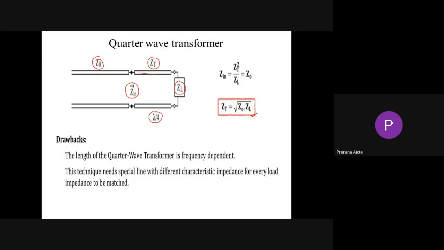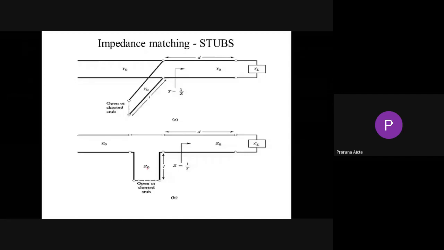Now, to avoid these drawbacks, we can use stub matching or stub tuners. So next is impedance matching using stubs. In these stubs, this is the length of the stub, and this stub is located at a distance D from the load.